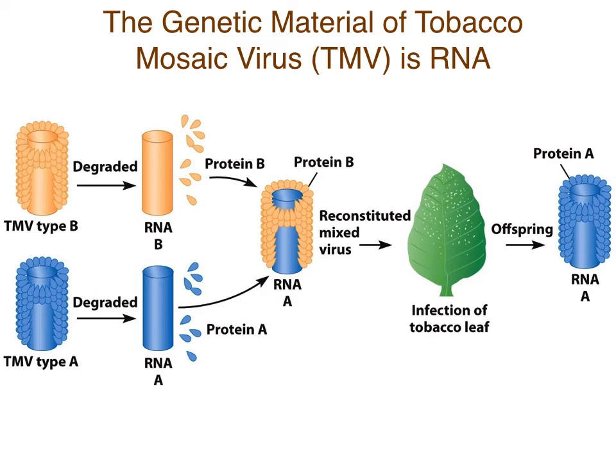Then they would expose the virus to the tobacco leaves, and as the viruses reproduced, it showed that the RNA, in subsequent generations, would produce protein coats of their original type. So at the end you see RNA A producing protein A, therefore showing that the RNA was actually the genetic material in future generations.